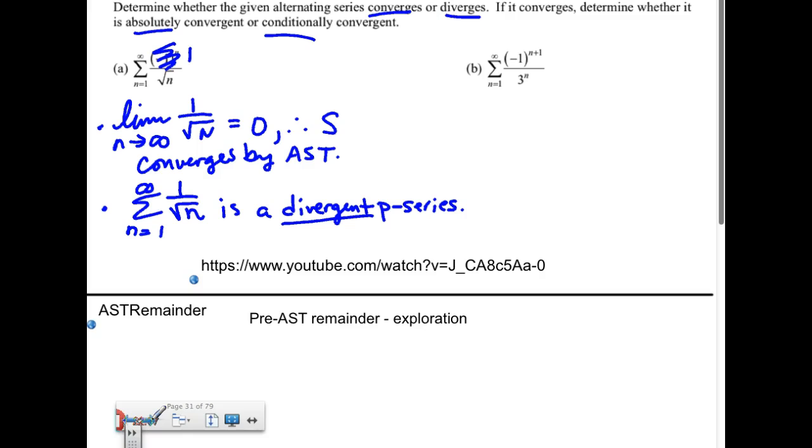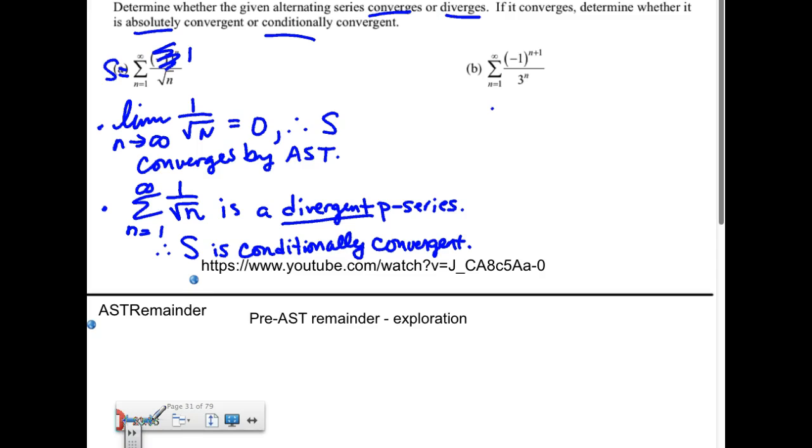So because it needed the alternator to converge, we would then say that our alternating series is conditionally convergent. It needs the alternator to get it to 0 fast enough. If it doesn't need the alternator anyway, then we say it's absolutely convergent. You don't even need the alternator to determine convergence.